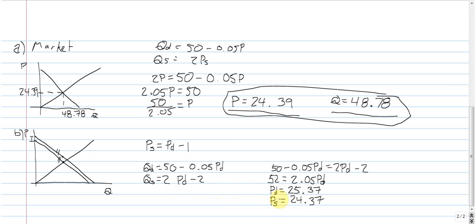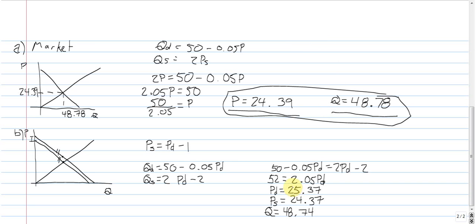It's simpler to multiply the price of the supplier by 2, and we get the quantity equals 48.74. Now your good test is to plug this price of the demander into the quantity demanded equation and see if you get this same quantity.